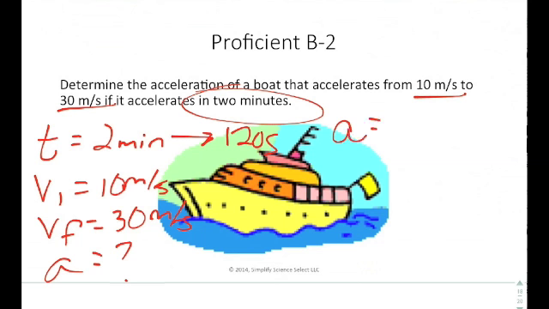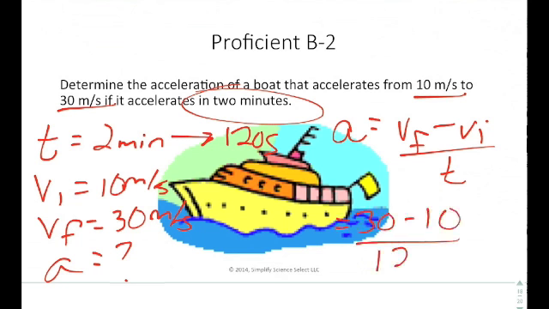Acceleration is equal to Vf minus Vi over t, or 30 minus 10 divided by 120. If you notice, the acceleration of the boat is going to be a lot smaller than in the previous example, which makes sense. It's really hard to get a boat to accelerate. But you do 30 minus 10, which is 20, and then 20 divided by 120 ends up being 0.167 meters per second squared.